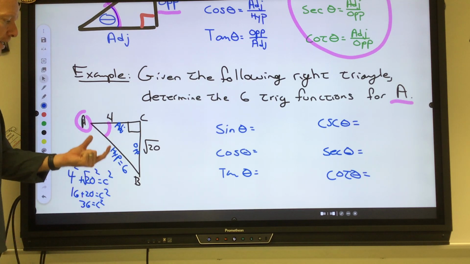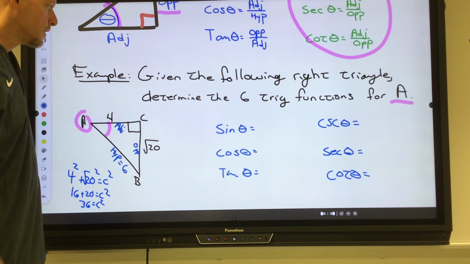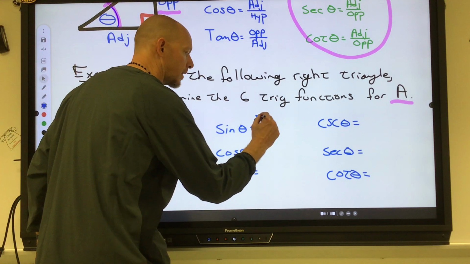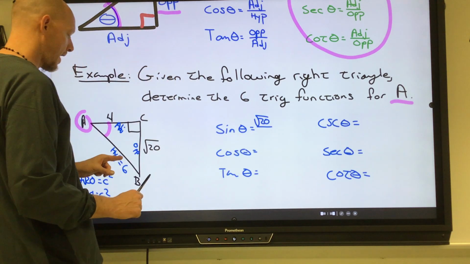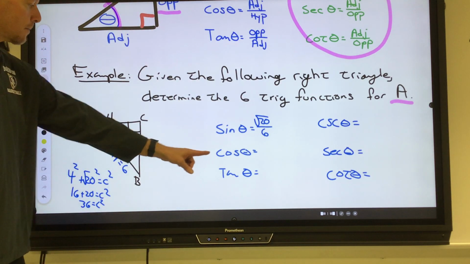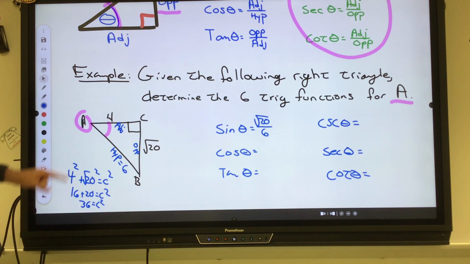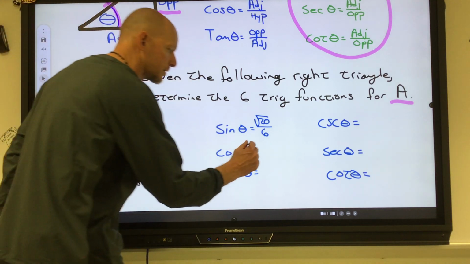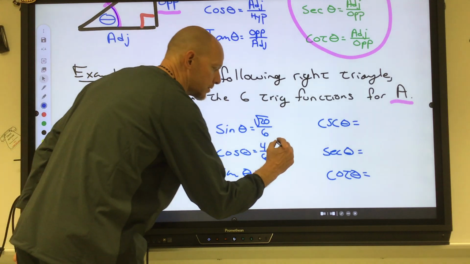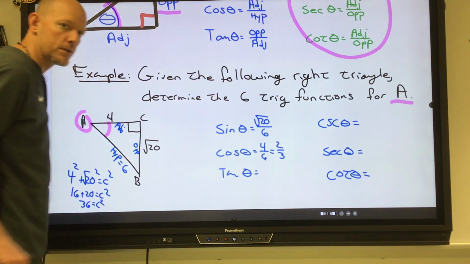From here, I'm just going to substitute in my values. If I'm looking for the sine of theta, that's the opposite, which is square root of 20, over the hypotenuse, which is 6. Cosine is adjacent over hypotenuse, 4 over 6, which I could also reduce to 2/3.